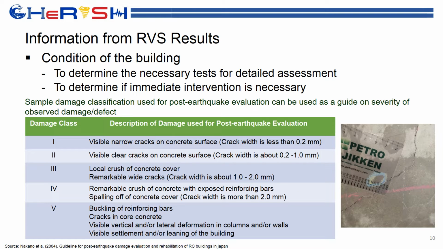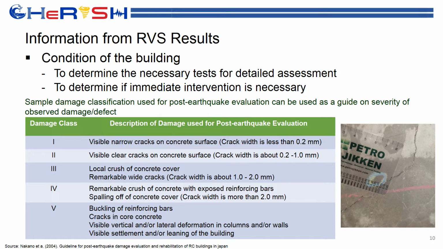intervention. So, for example, if we have a crack scale, we can measure those cracks, and from those determined crack widths, we can determine how severe the cracks are, and how these cracks can affect the overall performance of the building. So in this table, for example, we have a crack width of 0.2, so that's damage class 1, so probably it's not that worrisome.